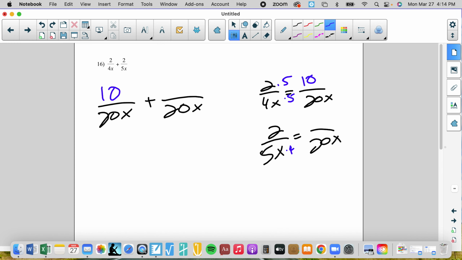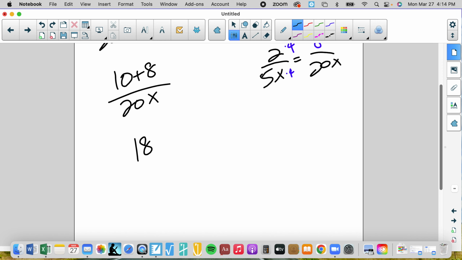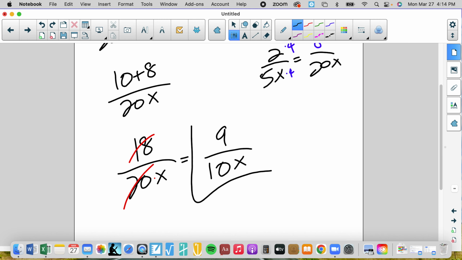Let's multiply by 4. 10 plus 8 over 20x. 10 plus 8 is 18 over 20x. We can cancel the 18 and 20 because it's being multiplied. Dividing by 2, you get 9 over 10x. How nice and fun was that one?